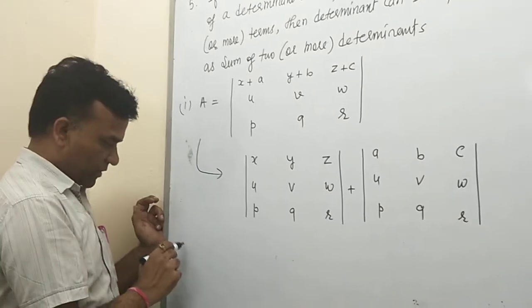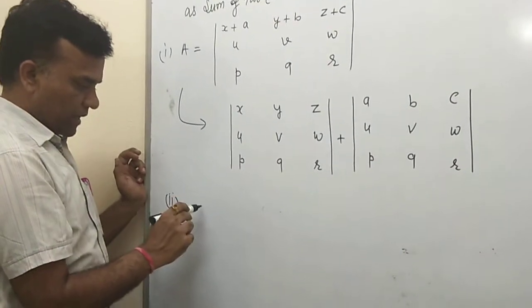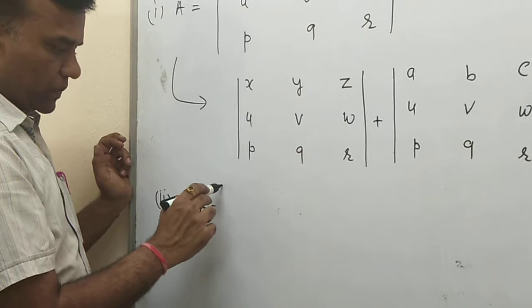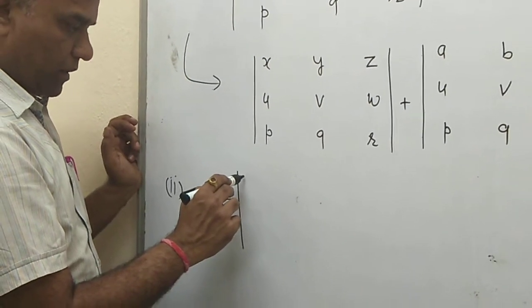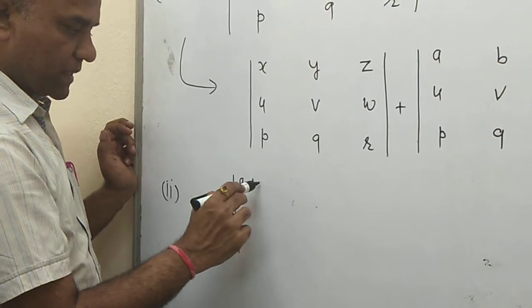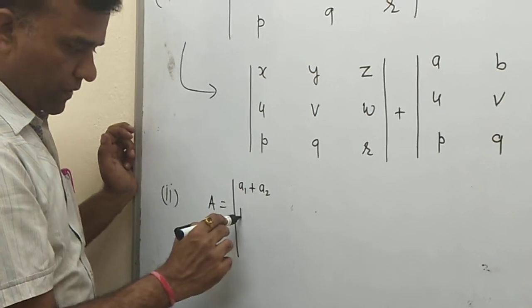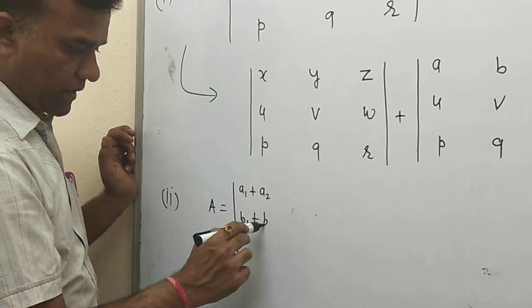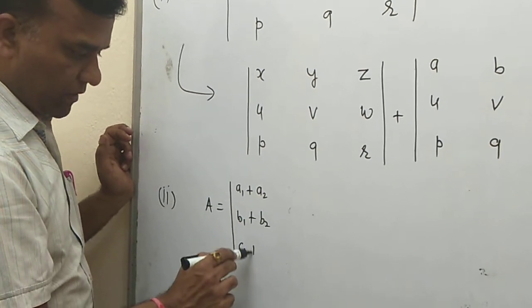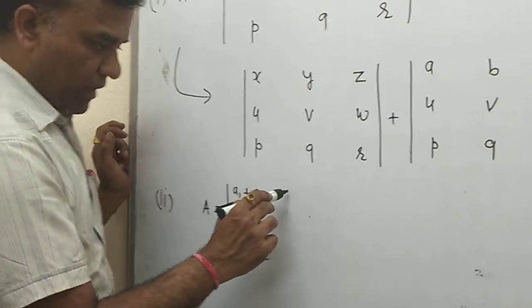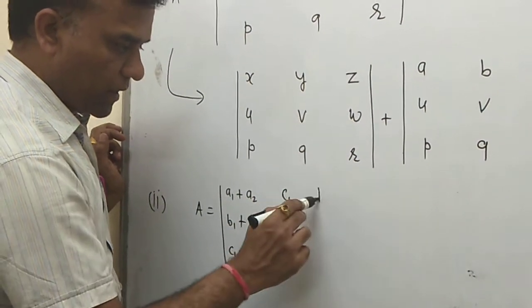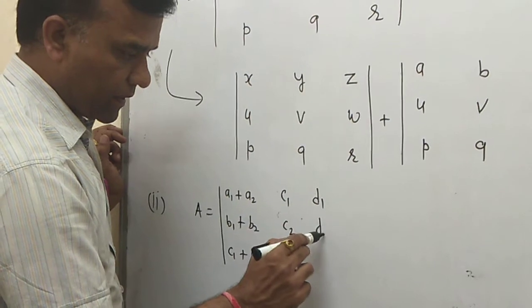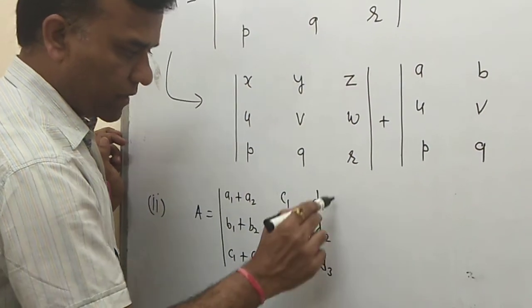Taking an example of the determinant, suppose you have a1 plus a2, b1 plus b2 and c1 plus c2 in the first column, and then c1, c2, c3, d1, d2 and d3.